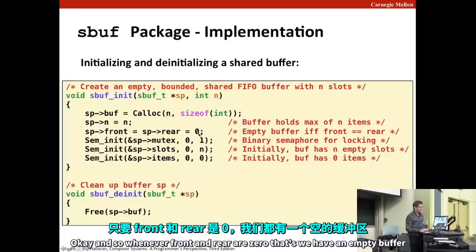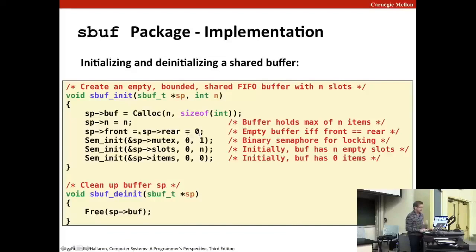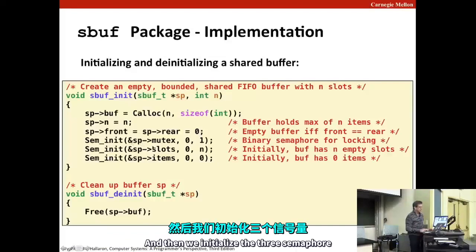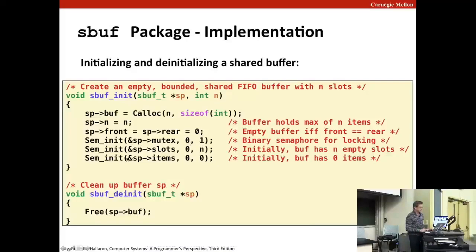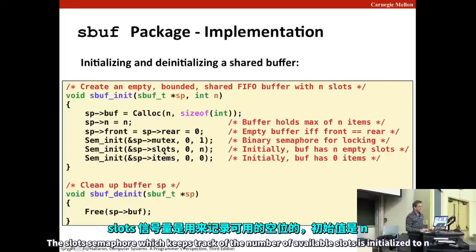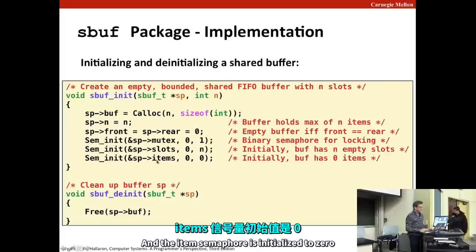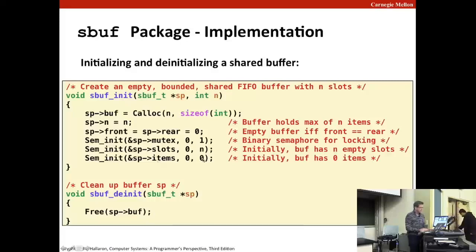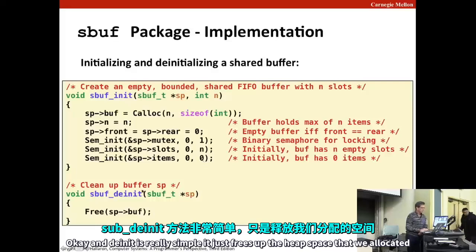Okay, and so whenever front and rear are 0, we have an empty buffer. And then we initialize the three semaphores. So the mutex, like all mutexes, is initialized to 1. The slots semaphore, which keeps track of the number of available slots, is initialized to n, and the items semaphore is initialized to 0. Okay, and deinit is really simple. It just frees up the heap space that we allocated.